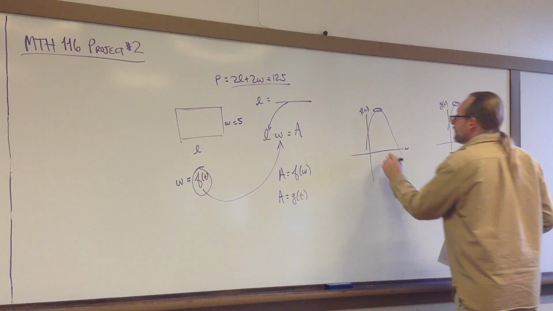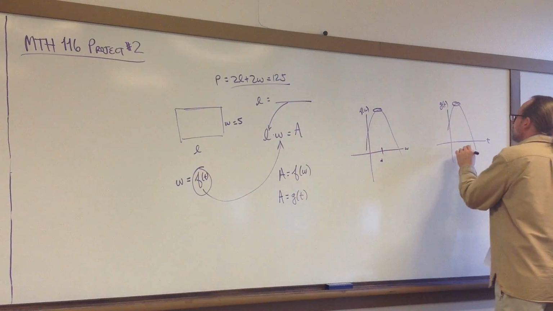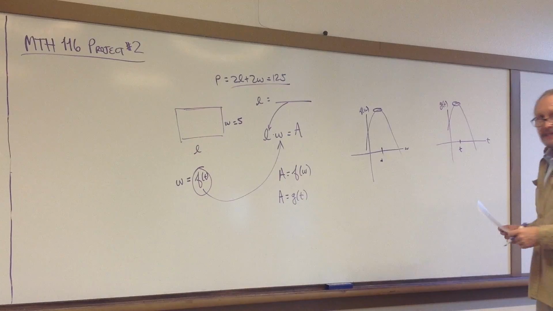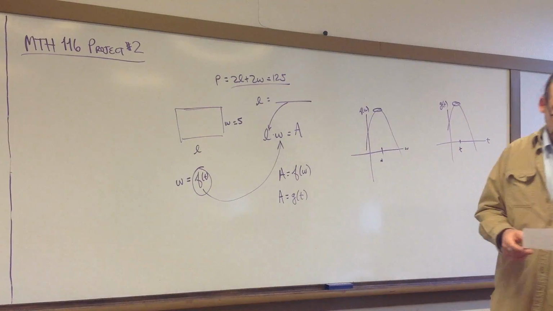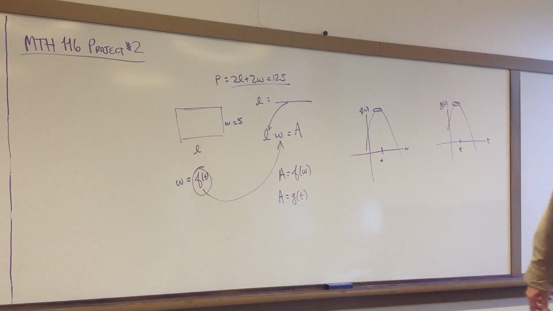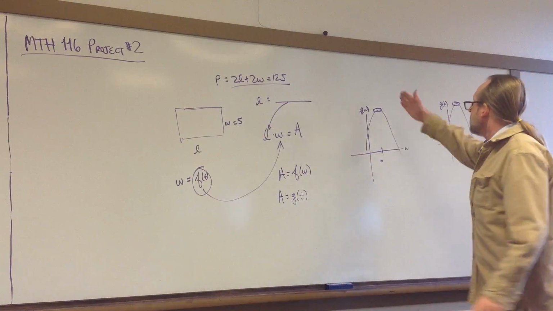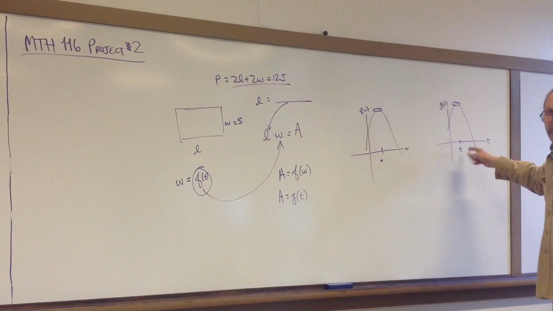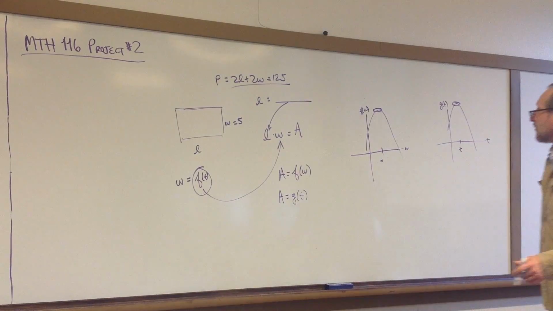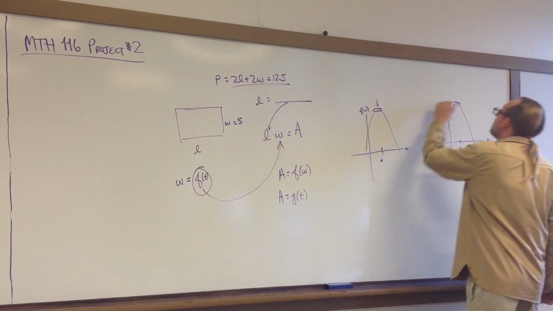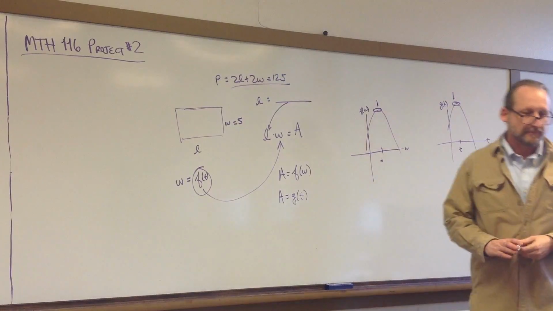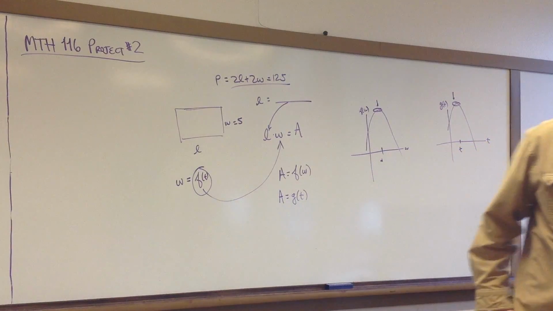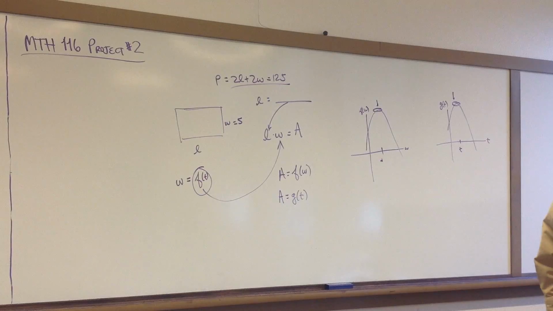What's going to be different, though, is that you're going to get a W value here and a t value here, and that's what I ask you in part D. Explain the relationship between the x-coordinate from this graph and the x-coordinate from this graph, each one corresponding to that same maximum area. Okay, so that's it for project number 2.